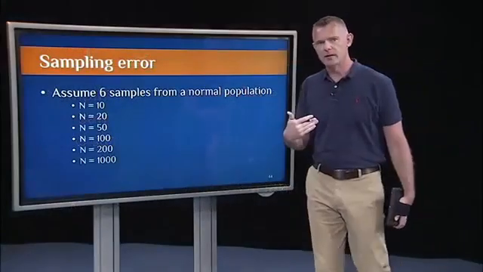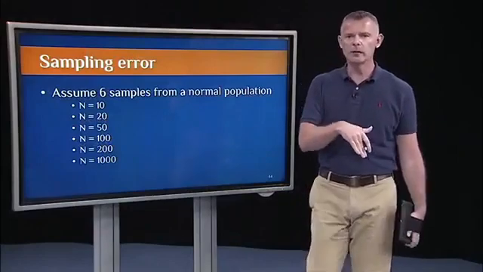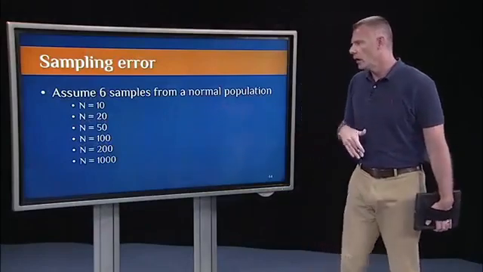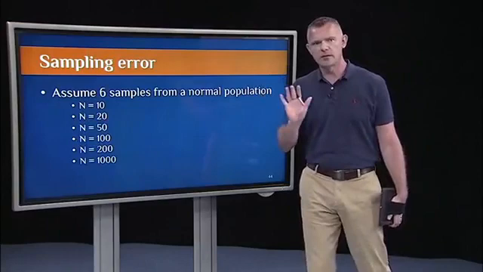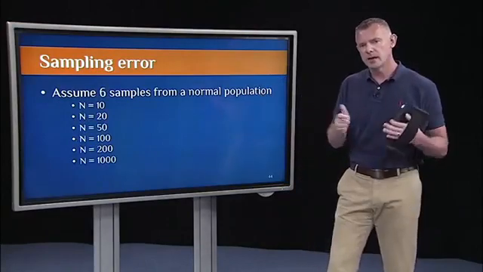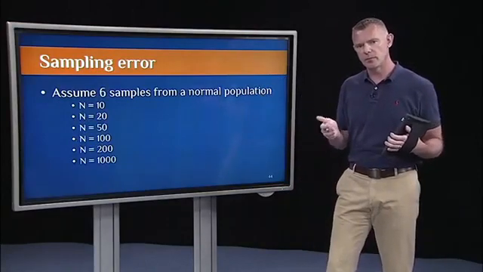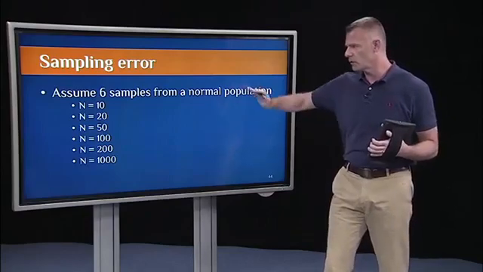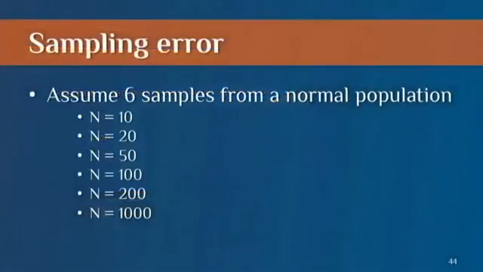So to illustrate this, again, using the color wheel illustration, assume we have 6 different samples, and these 6 samples just differ in terms of sample size. So we'll go from a small sample of just 10 individuals up to a large sample of 1,000 individuals.